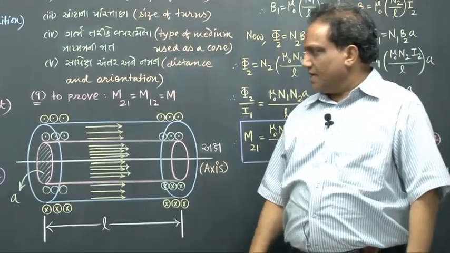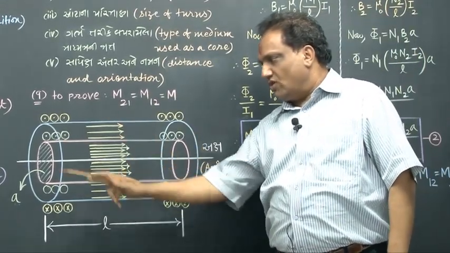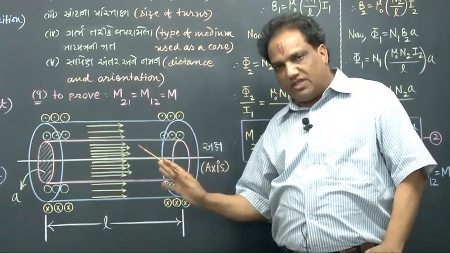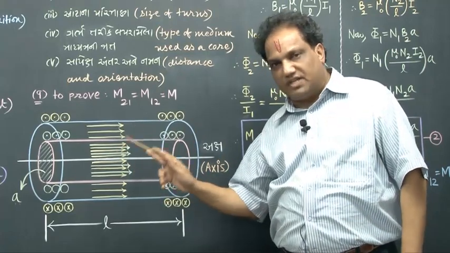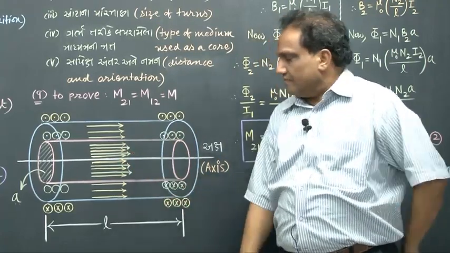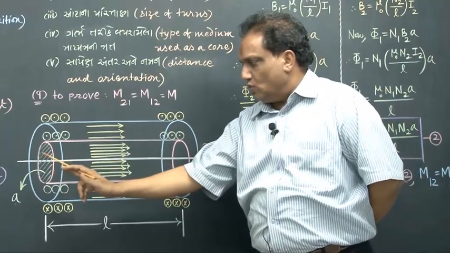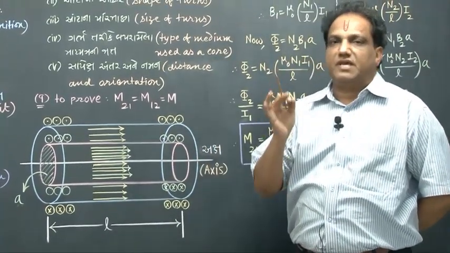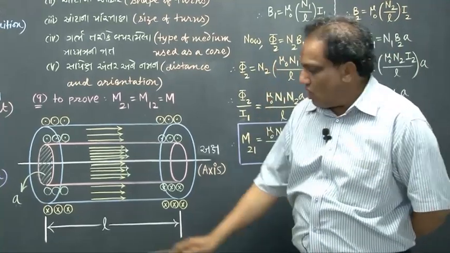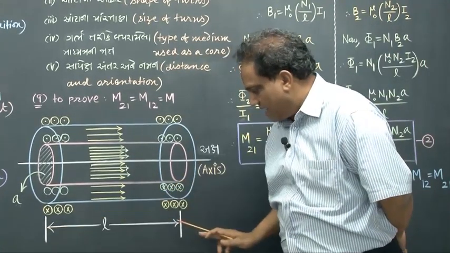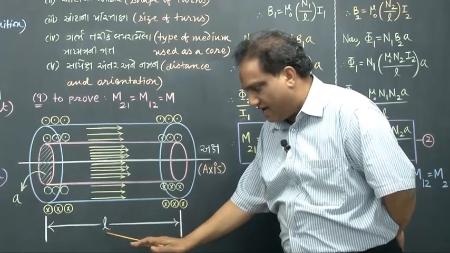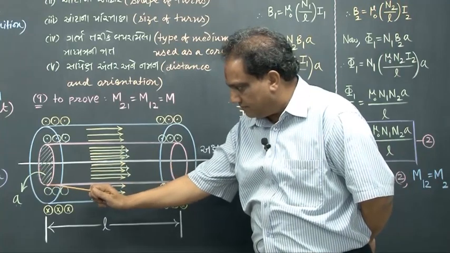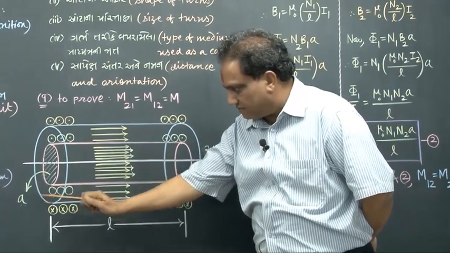Look here now. In the textbook, they have not drawn a figure. You will find the things a bit difficult. You will find all the things very easy, provided you understand this figure. Look here. Consider two coaxial solenoids. Coaxial means having the same axis, of the same length, and that same length is L. This is the smaller one and this one is the bigger one.